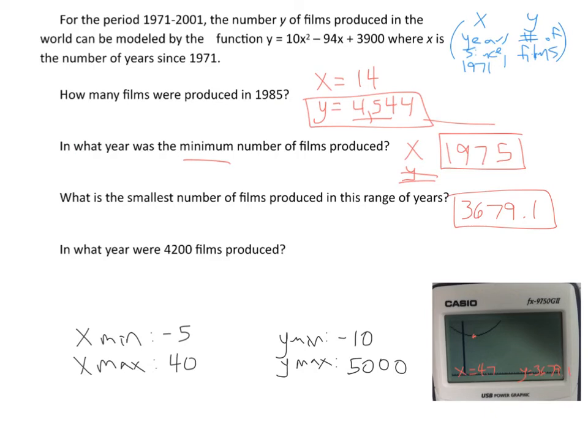Lastly, in what year were 4,200 films produced? Again, if you think about x and y, it says in what year. So we're trying to find x to find out what year, and we know that y is the total number of films produced, so we're going to use 4,200.